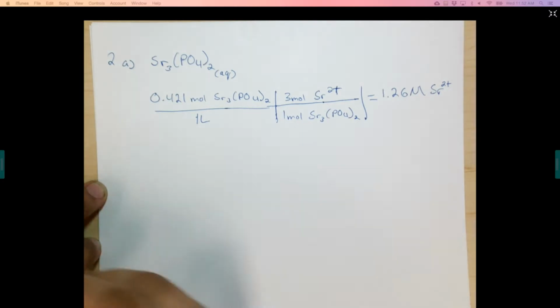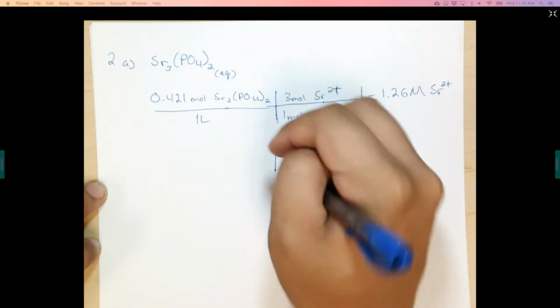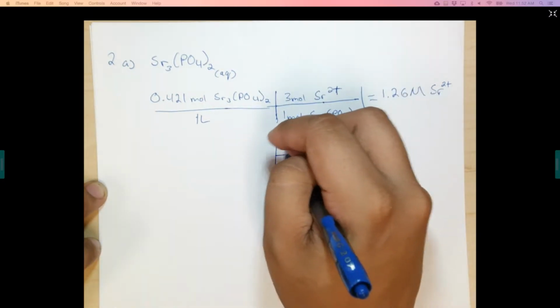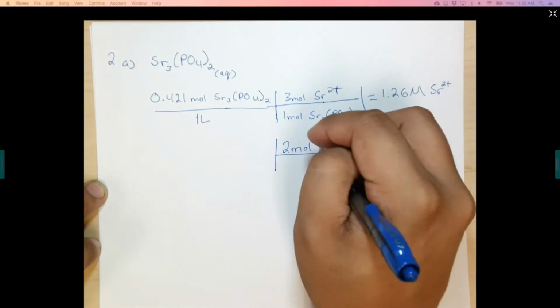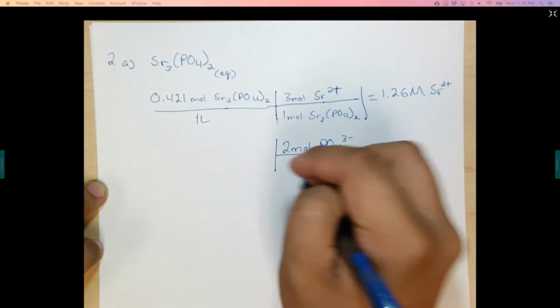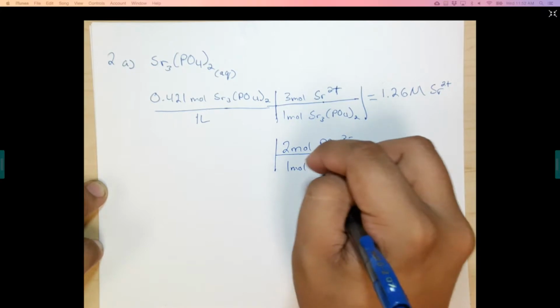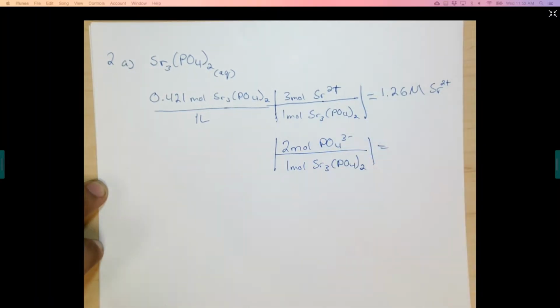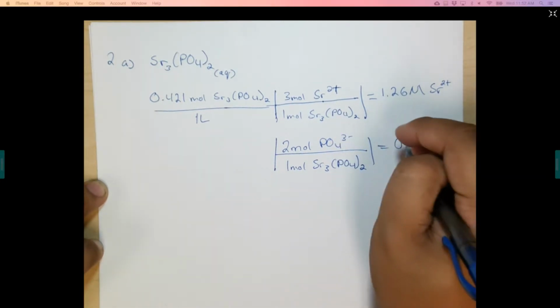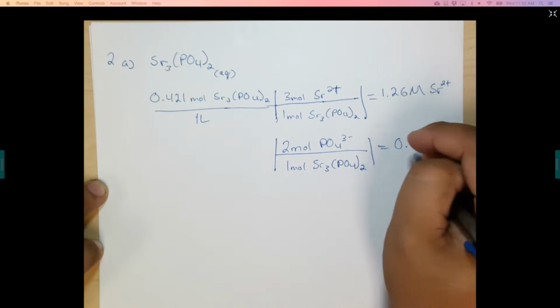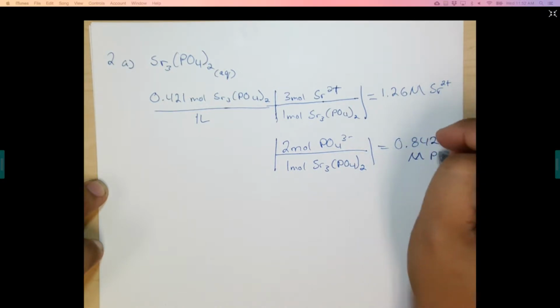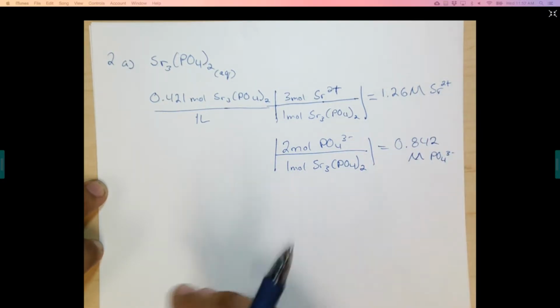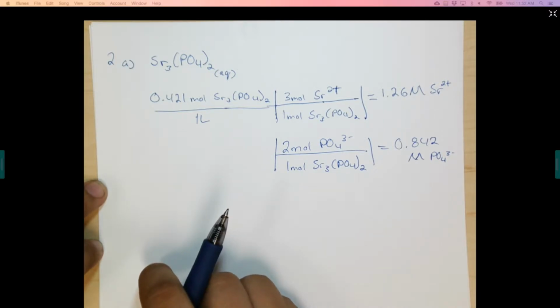Then they want to know the molarity of phosphate. We reproduce the same dimensional analysis, and we see there are 2 moles of phosphate ion, 3 minus, per 1 mole strontium phosphate, giving 0.842 molar phosphate. Remember, units are always important when dealing with aqueous chemistry.